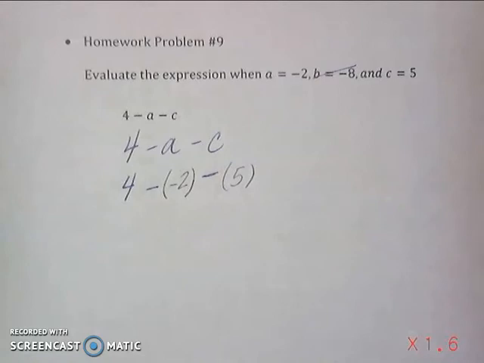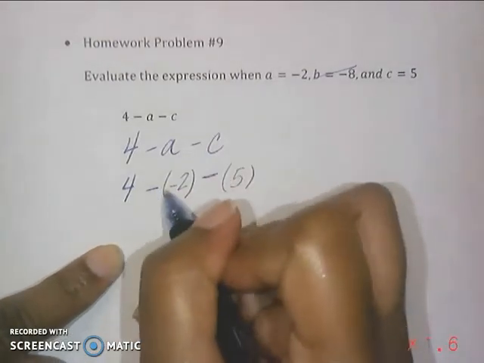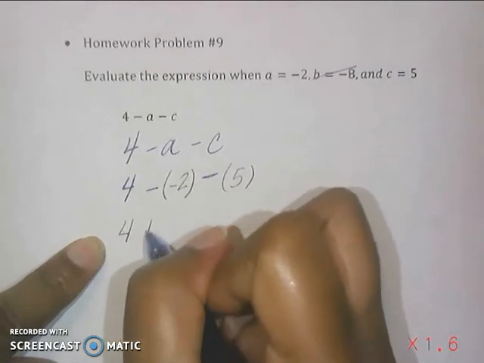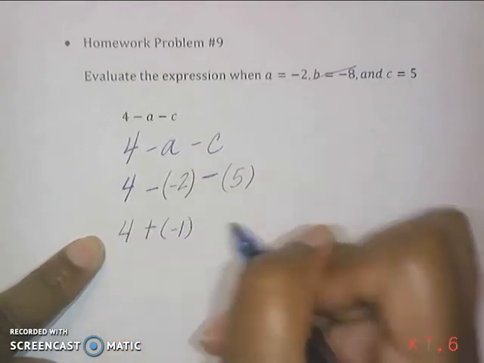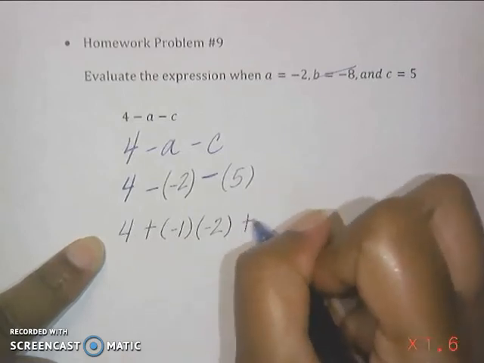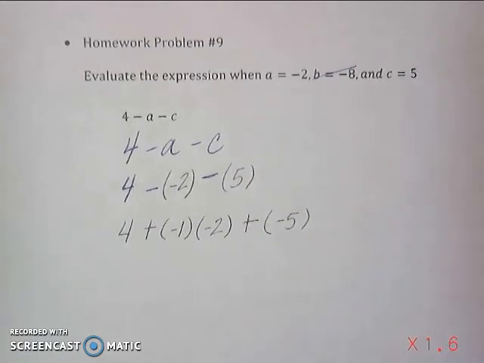Then I'm going to do my best to simplify this. Keeping up with the same rule, no such thing as minus a negative. So we're going to go with 4 plus a negative 1 times a negative 2, plus a negative 5.